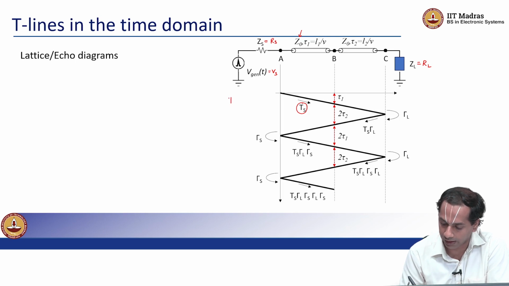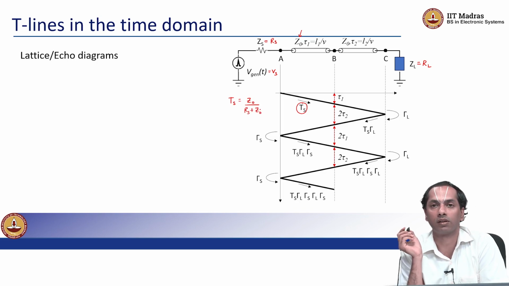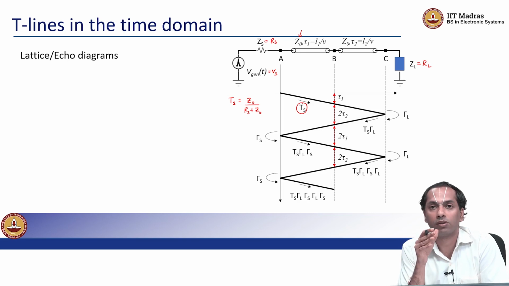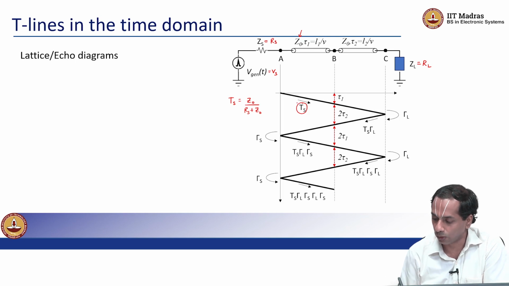So, from the previous slide we can say Ts is Z naught by Rs plus Z naught, right. So, a portion of this voltage gets launched on the transmission line and it slowly moves.